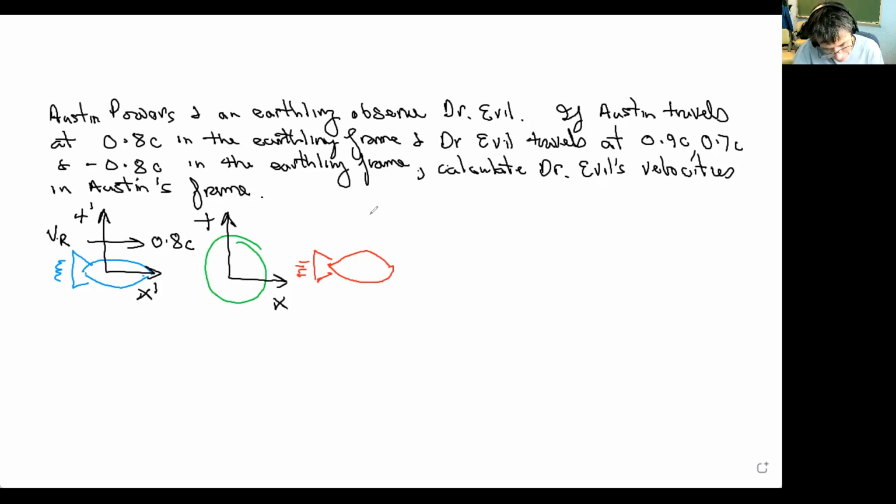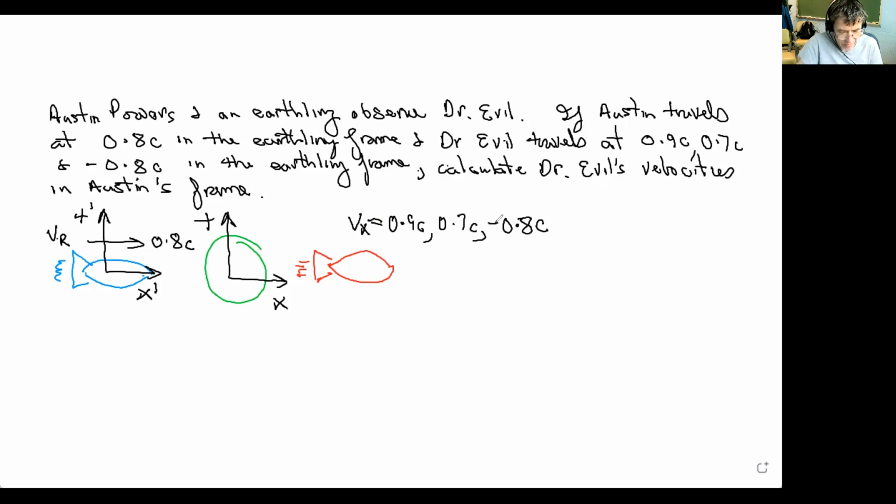The other thing that we're told in the problem is, from the Earthling reference frame perspective, the motion of Dr. Evil and his spacecraft. Initially he's traveling at 0.9c towards the right, then 0.7c towards the right, and then finally he's traveling at minus 0.8c.